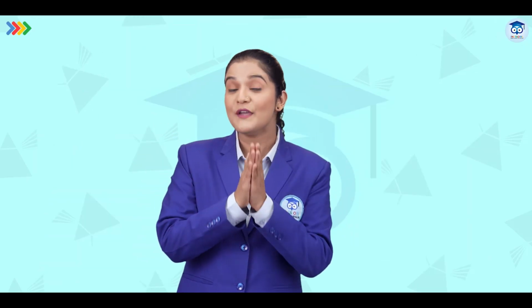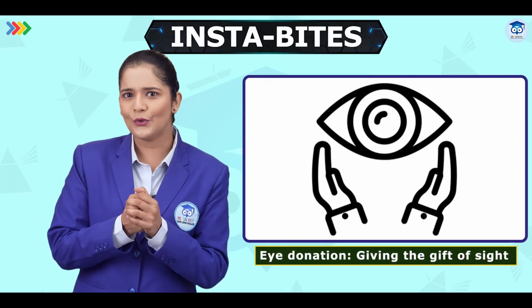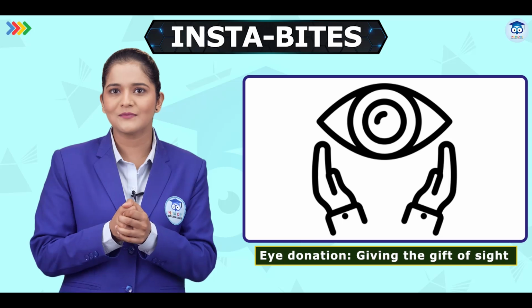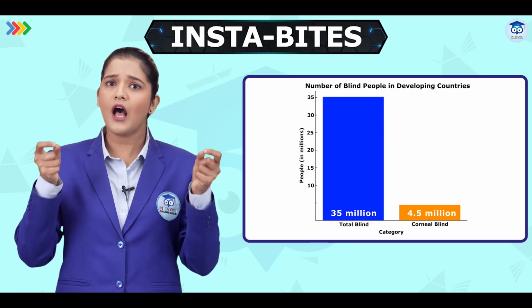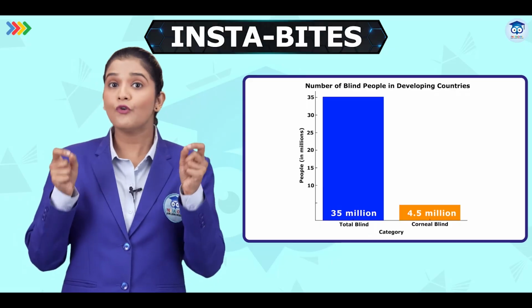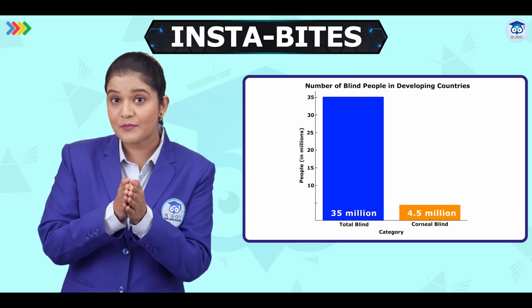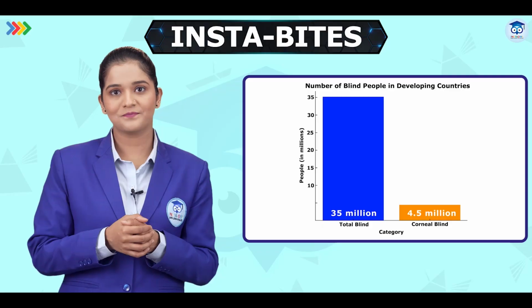Let's explore some important facts with our InstaBites. Did you know that eyes can be donated after death to help the blind? In developing countries, 35 million people are blind, including 4.5 million with corneal blindness, and 60% of them are children under the age of 12.